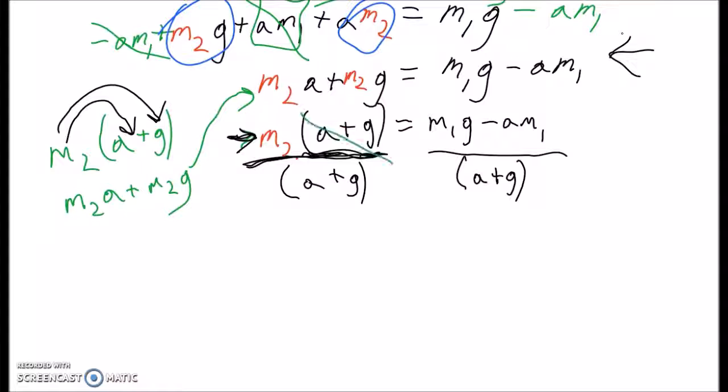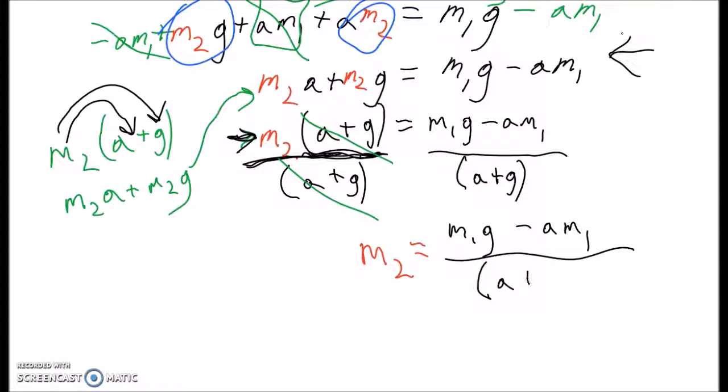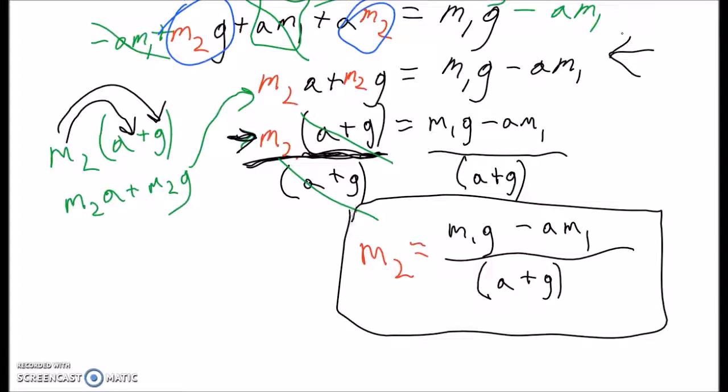And this guy will cancel this guy. So we have left m2 equals m1g minus m1 over a plus g. There you go. And here is our final answer.